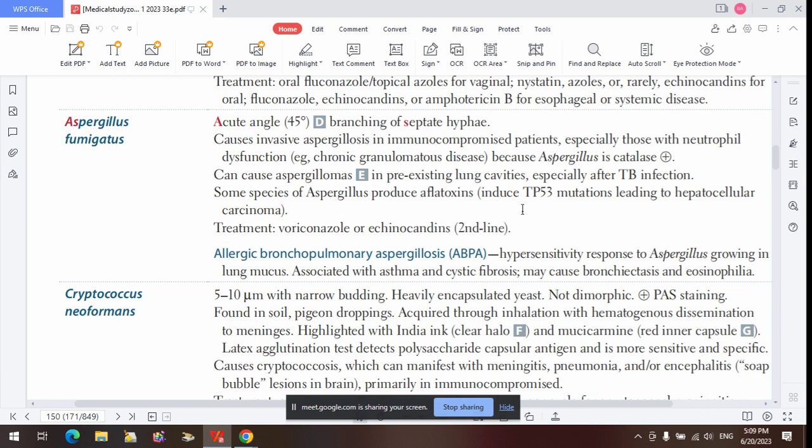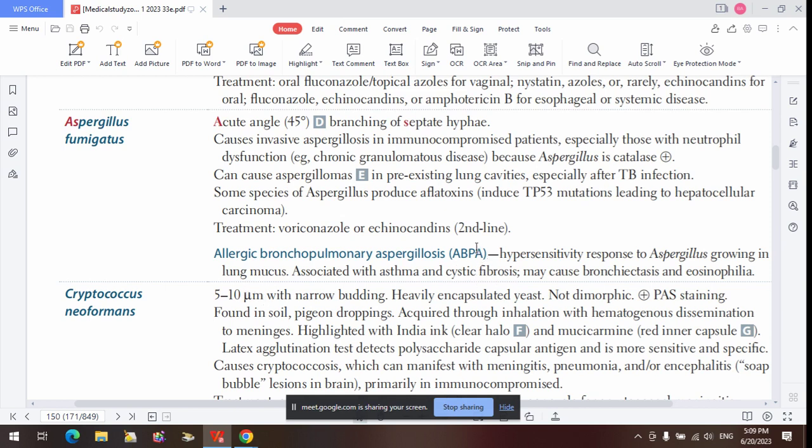You can have aspergillomas, which are balls of mold of aspergillus colonizing the lung cavities, particularly following tuberculosis infection. Then we're also going to talk about aspergillosis causing hepatocellular carcinoma because they can produce aflatoxin, which can induce TP53 mutation. The last thing to talk about is ABPA.